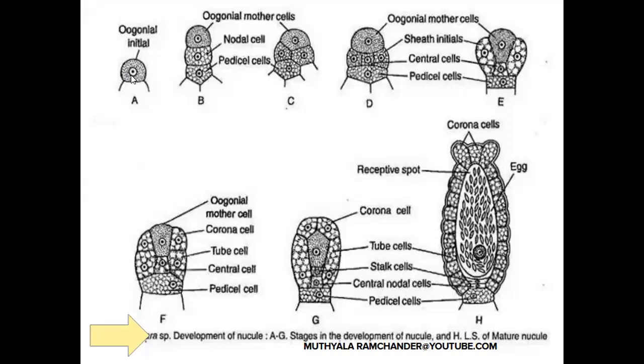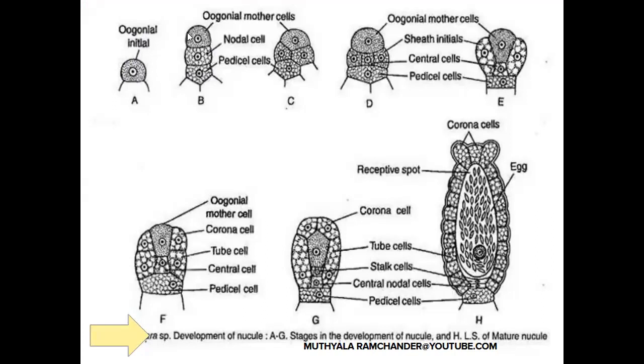One initial cell is developed at the lateral side of the node area. That initial cell is called the oogonial initial cell, or nucule initial cell. The nucule initial cell first participates in a transverse division to form 2 cells. From these 2 cells, the lower cell again participates in a transverse division to form 2 cells.